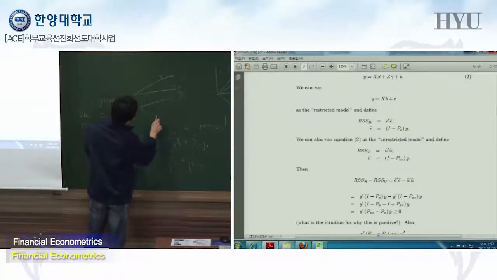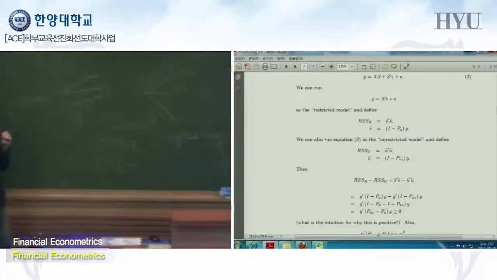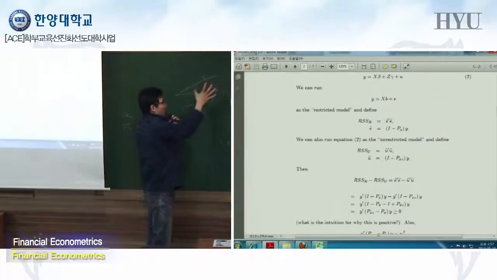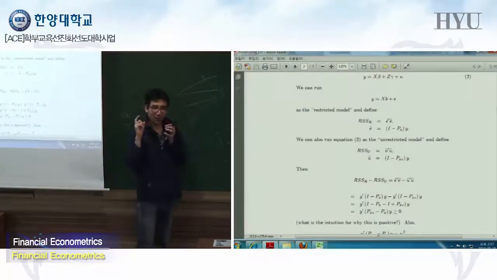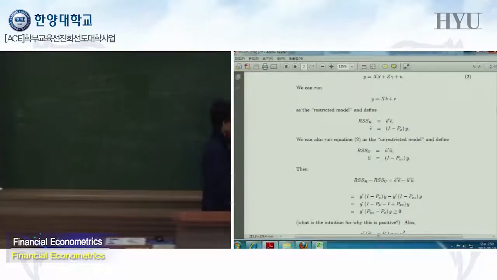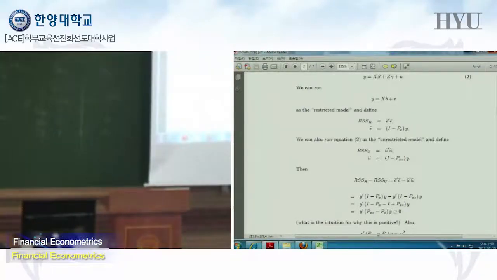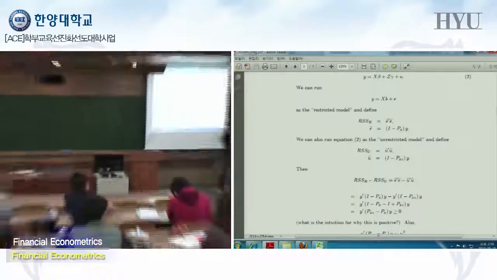If it is a good fit, then y hat, and if it is a bad fit, in this case it is y hat and y. So if we have a good fit, then this is small, this is large. If we have a bad fit, this is large and this is small, right? Let's take a look at this one first. So y prime P_xz y is basically the square of y hat, right?